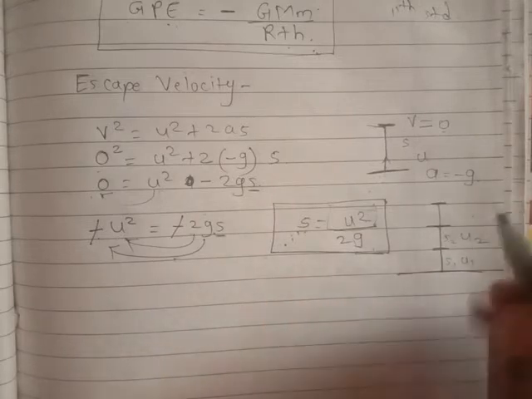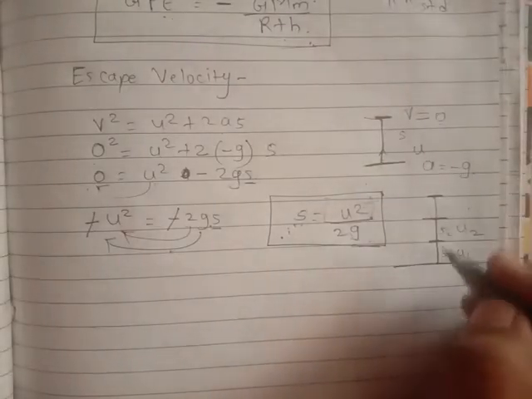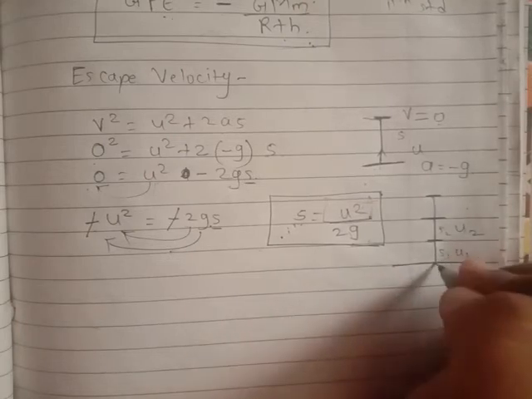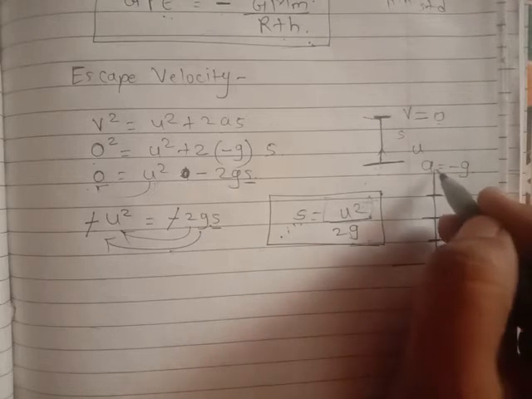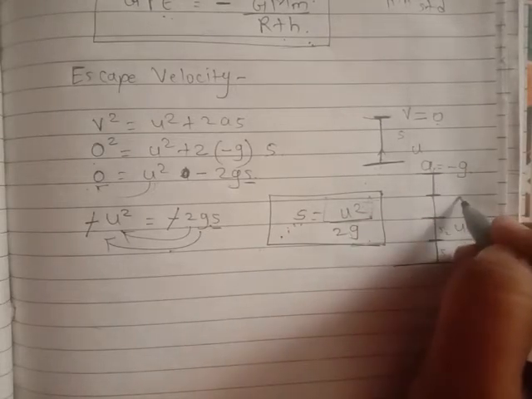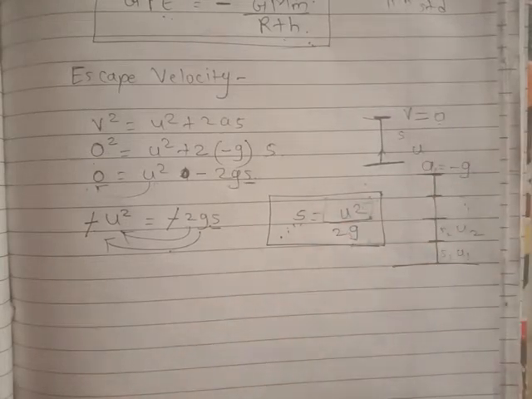If I increase the velocity further, because of the maximum initial velocity, the object will cover maximum distance, and we know that at a certain point the acceleration due to gravity becomes 0. So now gravity will not be able to pull the object downward. What will happen?